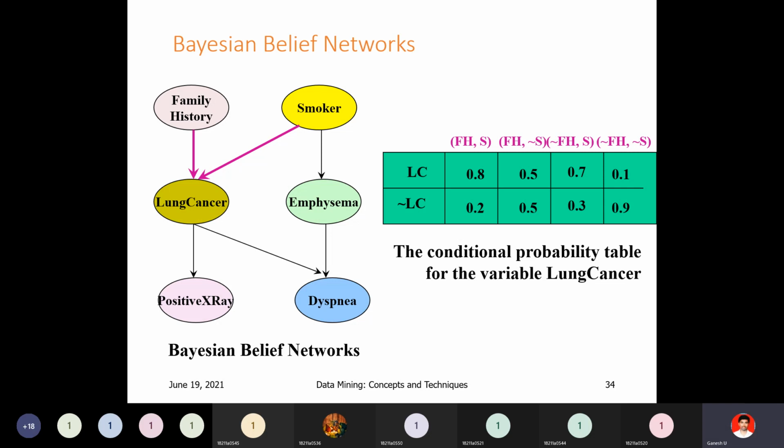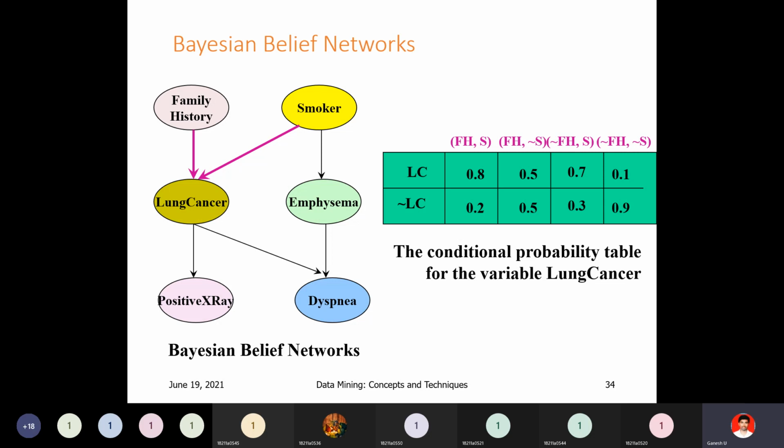If you have a family history and you are a smoker, then the chance of getting lung cancer is 0.8. Both are there. The probability of not getting lung cancer is 0.2.